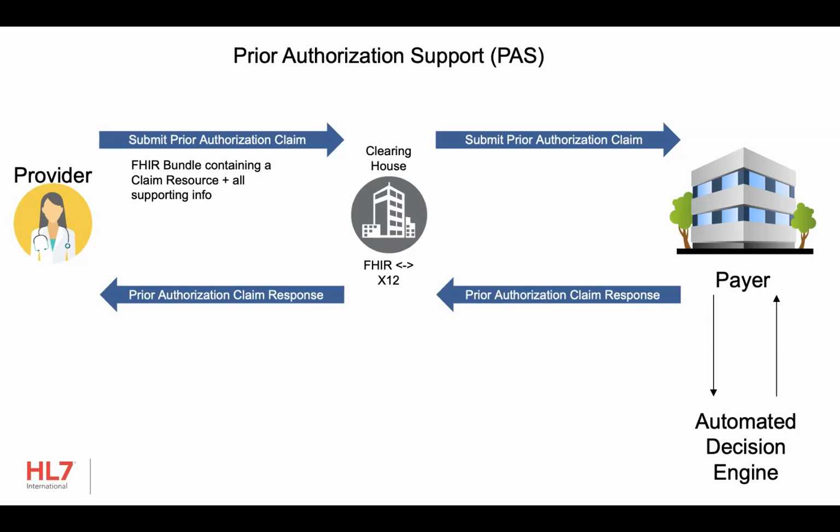The payer can process that. They can have their own automated decision engine that applies the set of rules. This could be in CQL or whatever methodology they want to use. And then that response is sent back through the clearinghouse to convert back to FHIR from X12, and then eventually back to the provider. Or if you don't want to use a clearinghouse, you can do all that internally. Next slide.